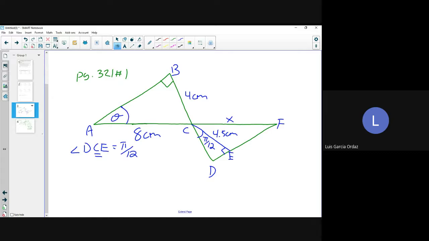So if our reference angle is from angle A, what trig ratio are we going to use to solve for theta?